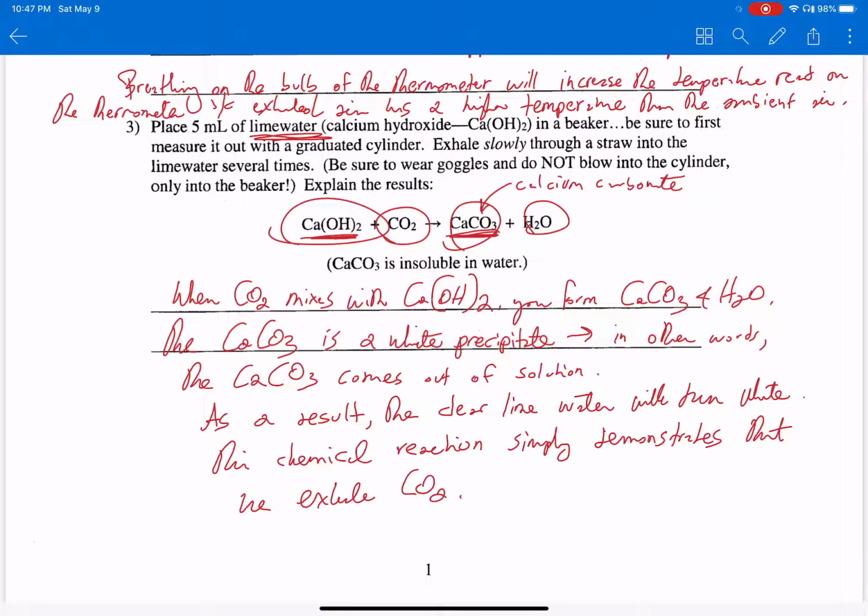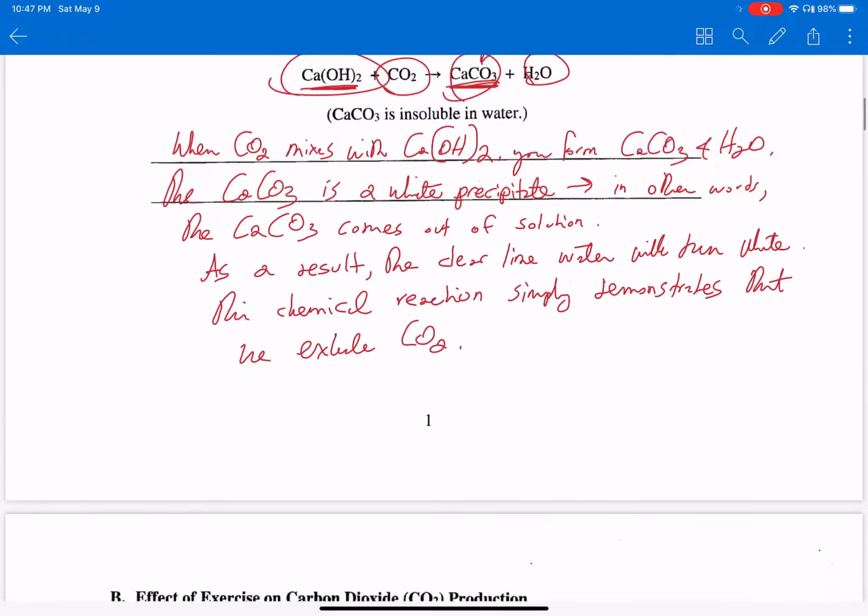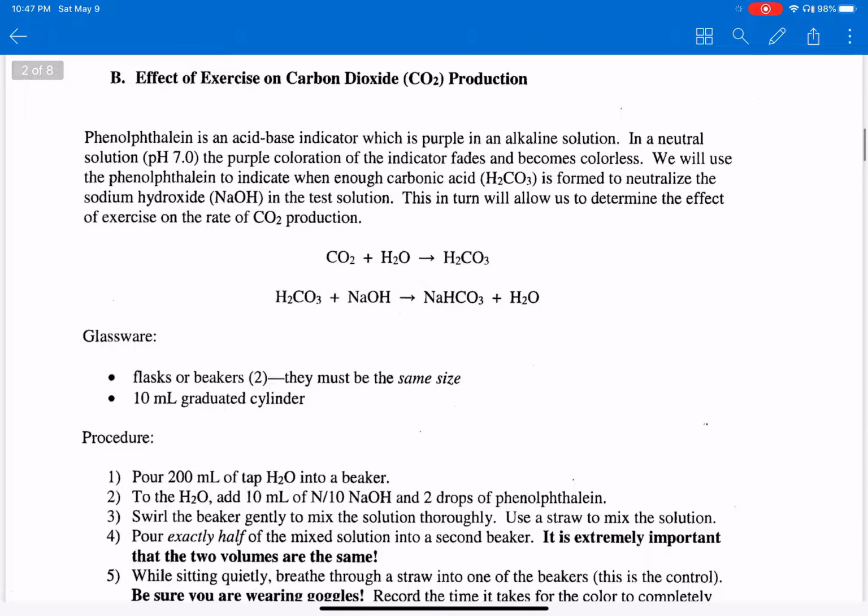So in other words, the more CO2 you have every time you exhale, or the more times you exhale, the faster you're going to see the formation of this precipitate, and so the faster the solution is going to change. So now we're going to set up another series of chemical reactions which are going to change the color of the solution according to the amount of CO2 that is injected or added into the solution.